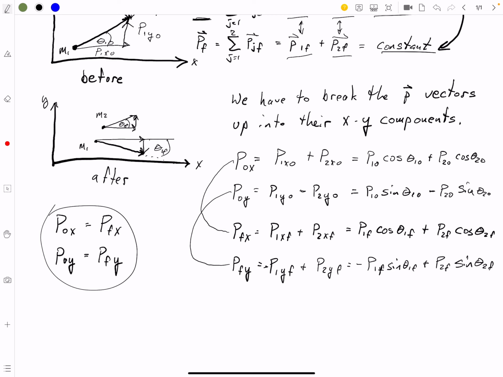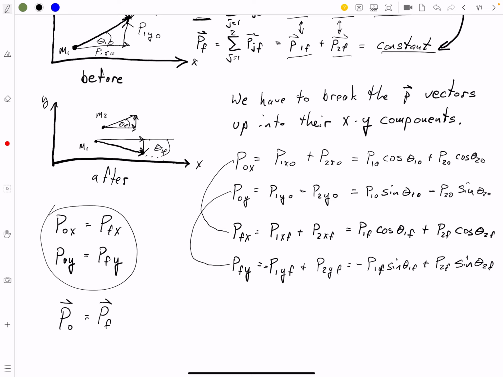Fine. Those things are equal. Great. What about P initial in general? P initial is equal to P final. We'll put some vectors on there.